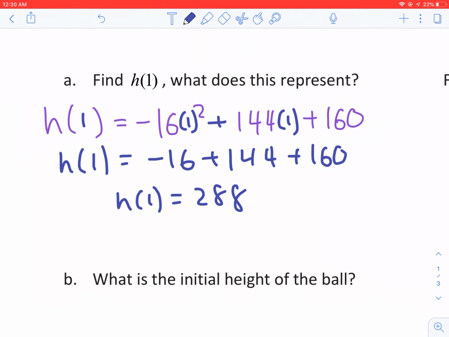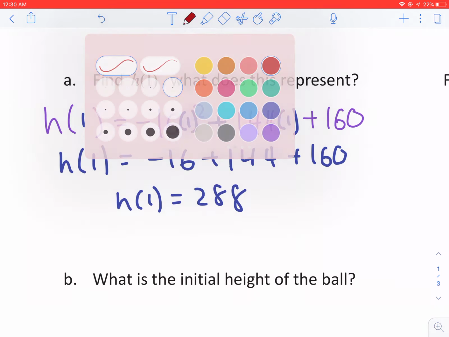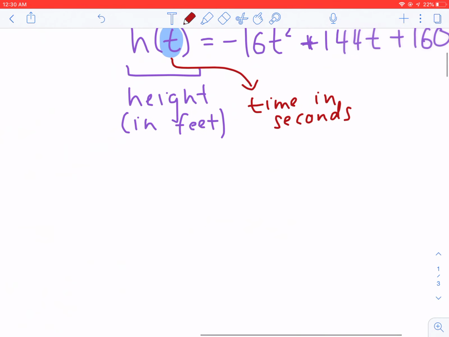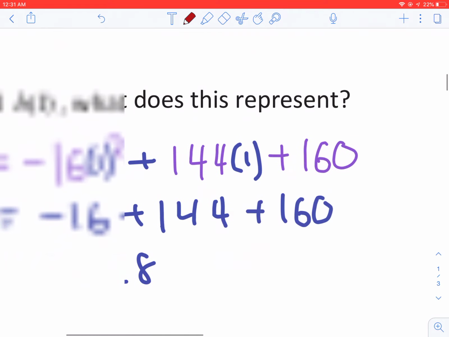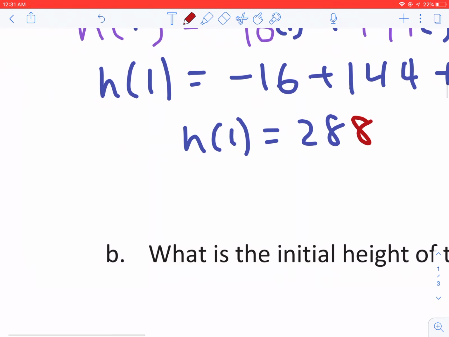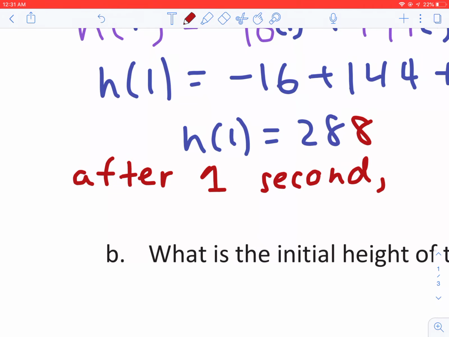So what did we do? We plugged in the 1. What do we plug in 1 for? We plugged in the 1 for t, so that 1 was time in seconds. That means after 1 second, we saw h of 1 is 288.